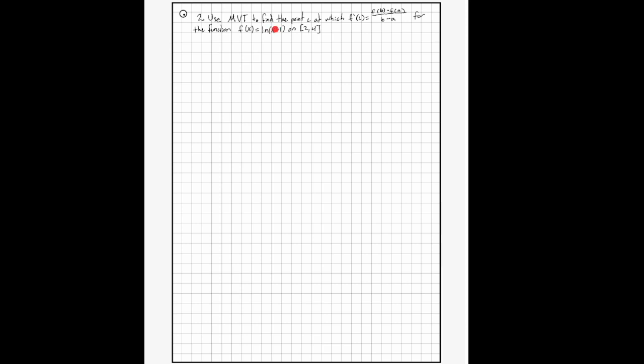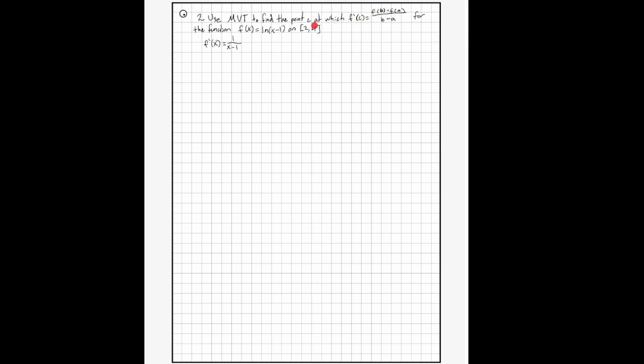Since x minus 1, the minus 1 is a constant, you don't get rid of that, so it's just 1 over x minus 1. So the first derivative of f of x equals 1 over x minus 1, right? The next thing I need to find is what f prime of c equals for this equation right here.